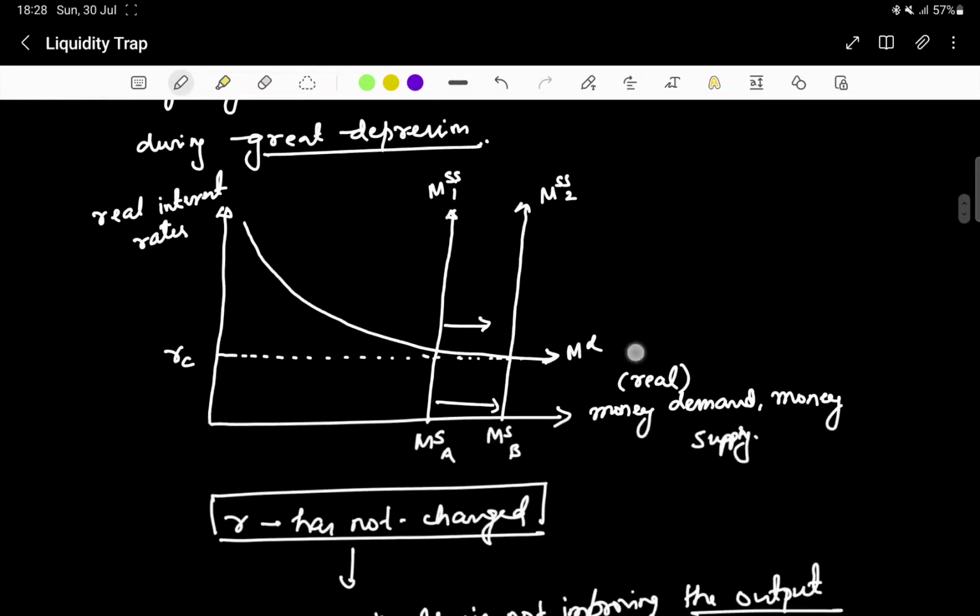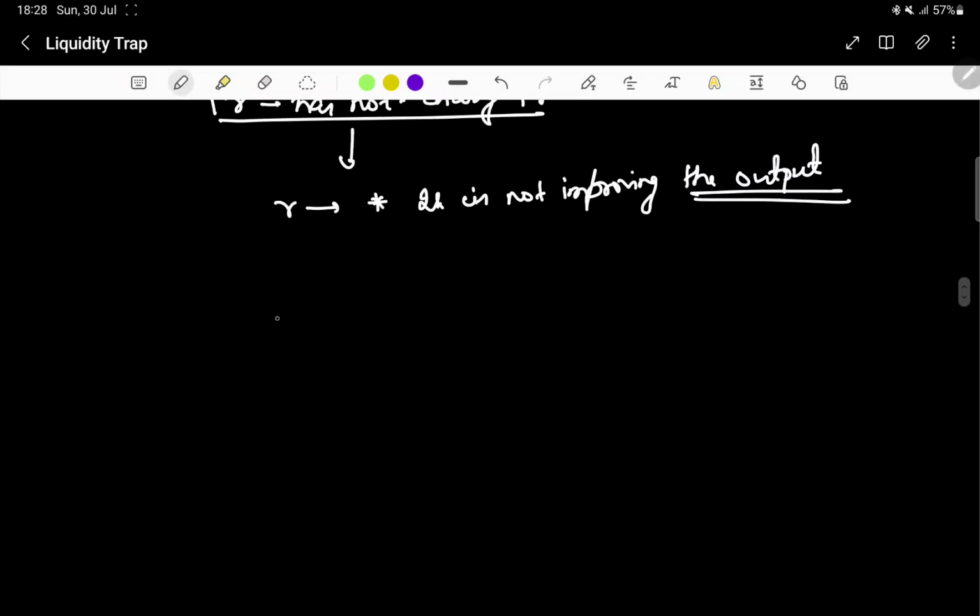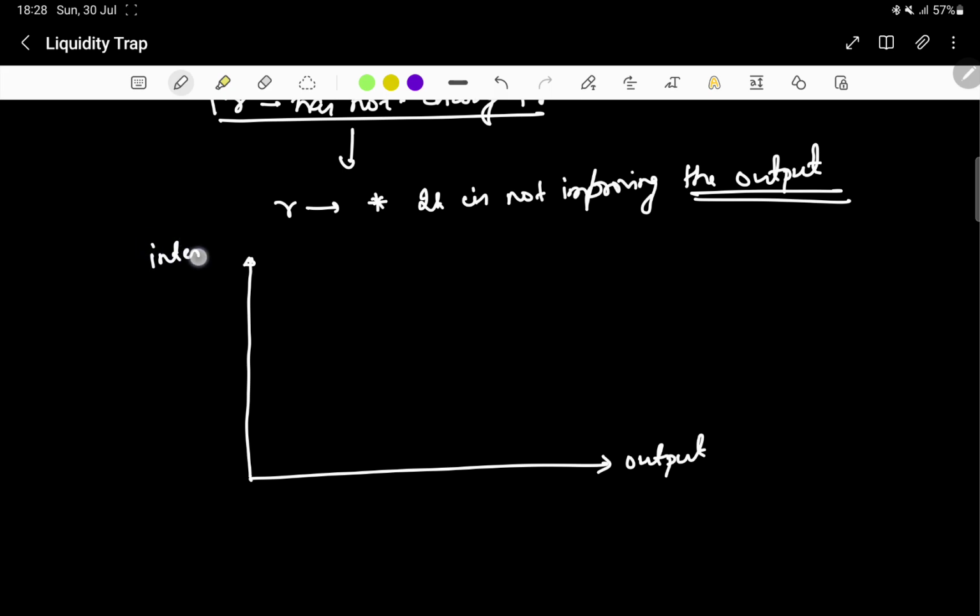We can always visualize the liquidity trap by the IS-LM model, where the y-axis is output and the x-axis is your interest rates. It was said by neo-Keynesians that the LM curve is horizontal. This is LM, the liquidity money curve.